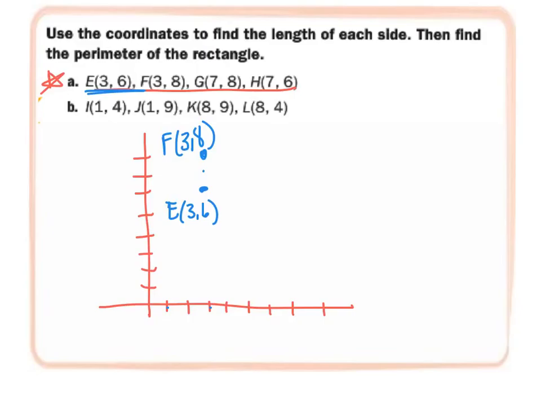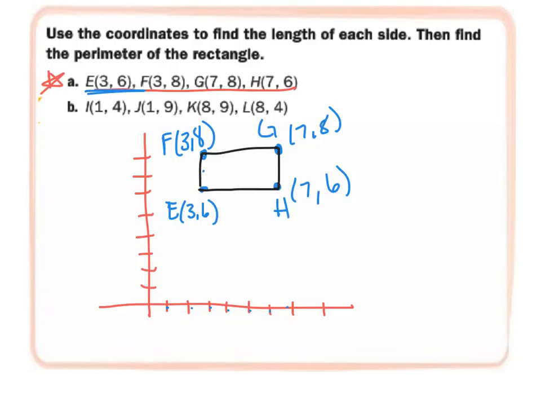So 1, 2, 3, 4, 5, 6, 7, up to 8. And that is G. And then my last one is 7, 6. So right again at the 7, but this time 2 lower. And that is H. Okay, that makes it a rectangle.